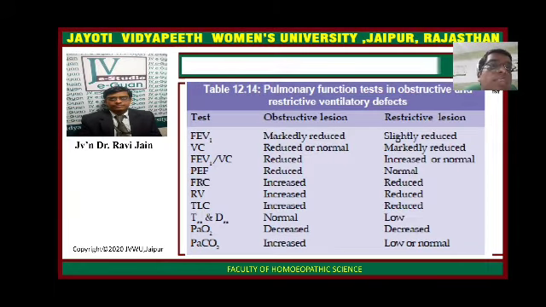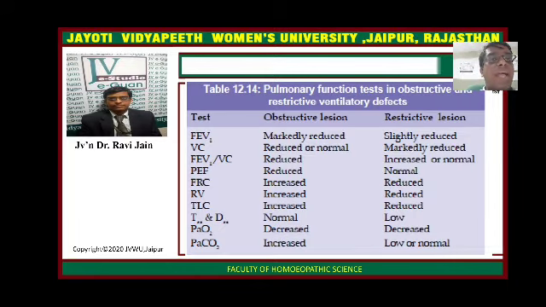Now we will discuss the changes that are observed in case of obstructive lesions or the restrictive lesions. So pulmonary function test in cases of obstructive and restrictive ventilatory defects will be discussed in this slide, and the changes that you are going to see. Forced expiratory volume during first second is markedly reduced in the obstructive lesions, whereas in restrictive lesions it is slightly reduced.